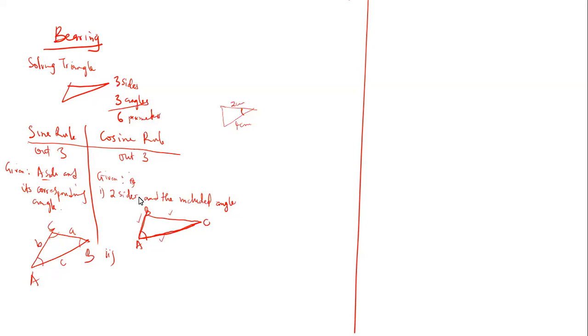The 3 parameters given are the 3 sides. So if 3 sides are given, you can also apply your cosine rule. So those are the different times in which we can apply the cosine rule.